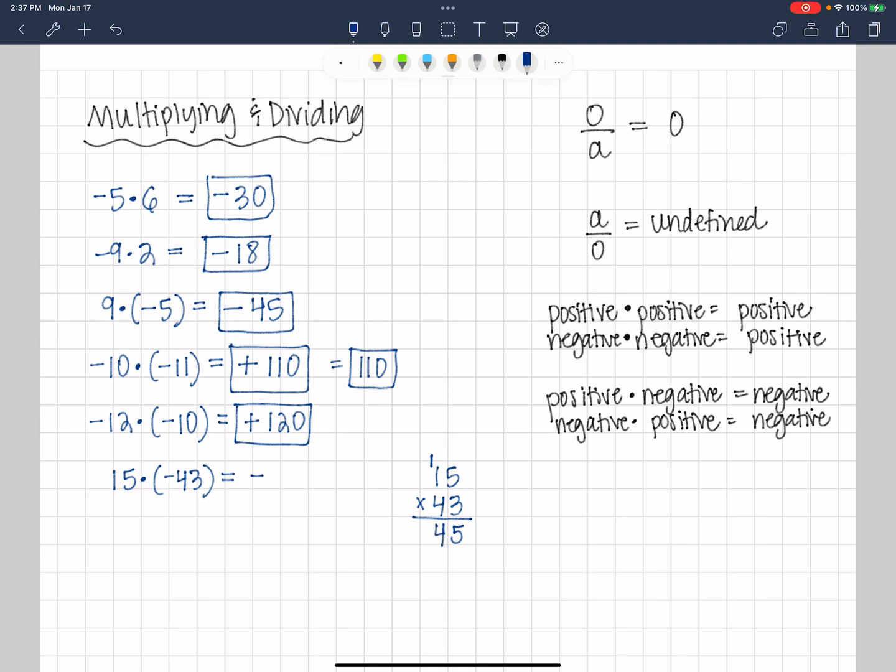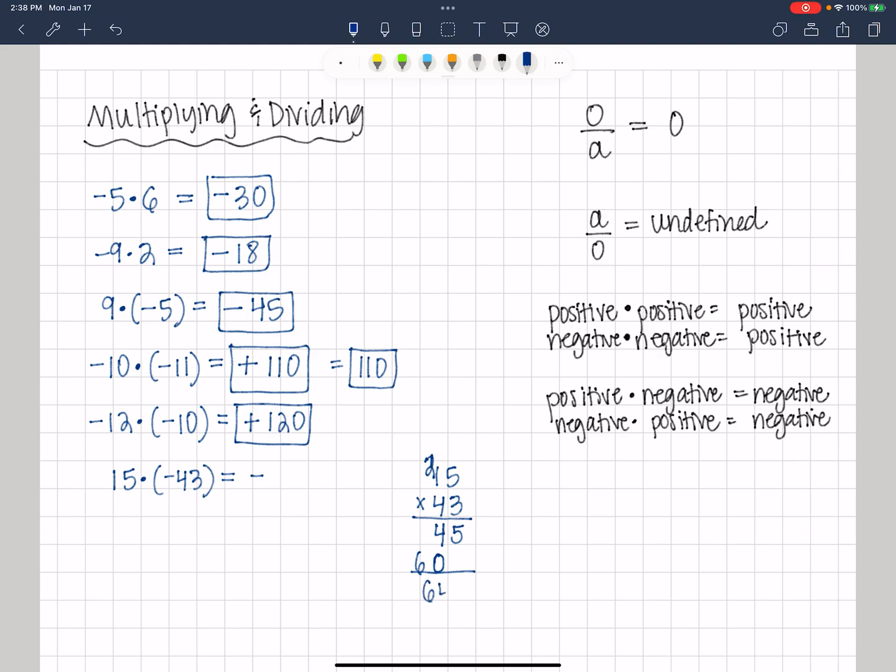Now I'm working with this 4 right here. 4 times 5 is 20. I'm going to put the 0 from the 20 underneath this 4, and then I have a 2 now. 4 times 1 is 4, plus 2 is 6.